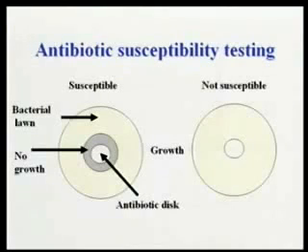Basically there's a concentration gradient. The further away you get from the disc, the lower the concentration of the antibiotic. So out here somewhere there may be some antibiotic, but it's at such a low concentration that it doesn't do anything. So what this can tell you is not just whether the organism grows, but how susceptible it is, by how close to the disc the organism grows. That's antibiotic susceptibility testing on a plate.